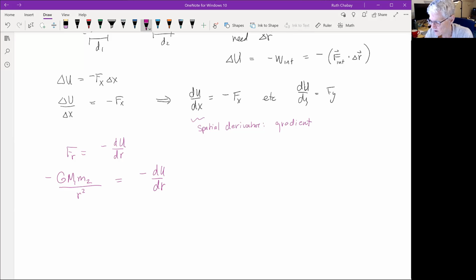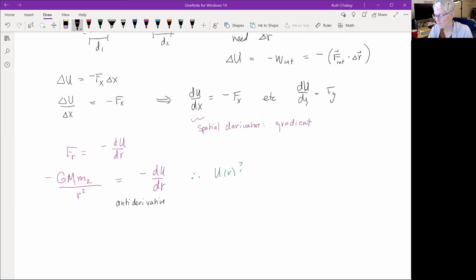And so the question is, what is U as a function of r? And so what we have to do is take an antiderivative. So for those of you who are just taking calculus, we're going to take an antiderivative, just differentiate backwards, see what we'd have to differentiate to get this force.